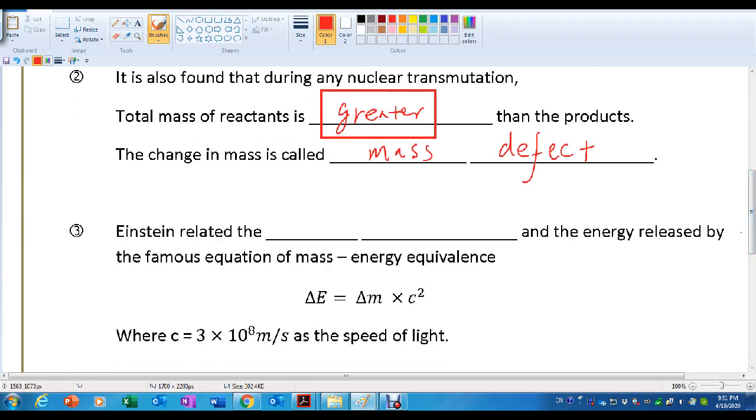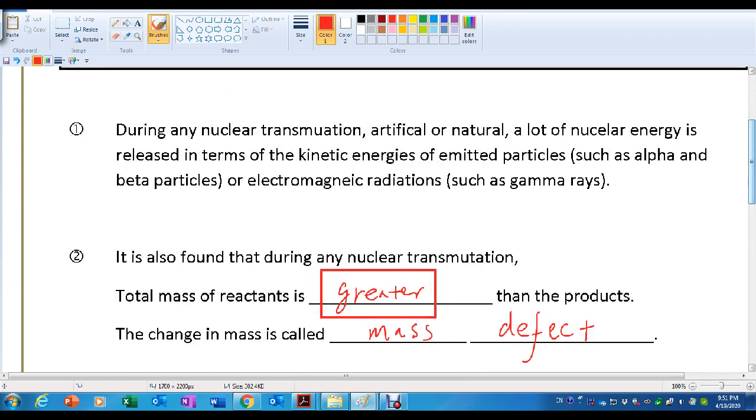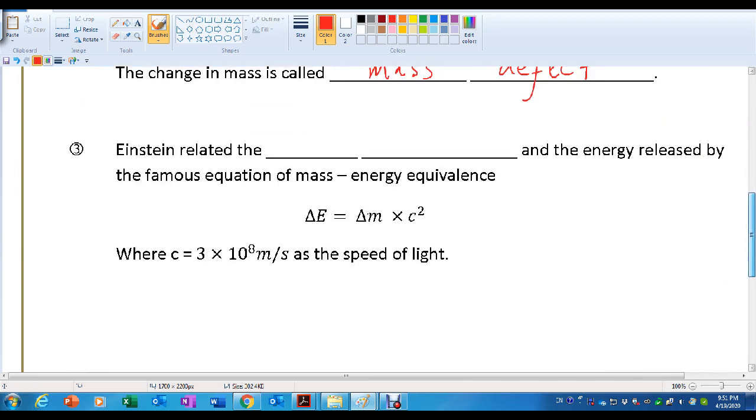Einstein related that mass defect and the energy emitted by using this formula: the famous equation delta E equals delta M times c squared. Delta E means energy released, in this case.